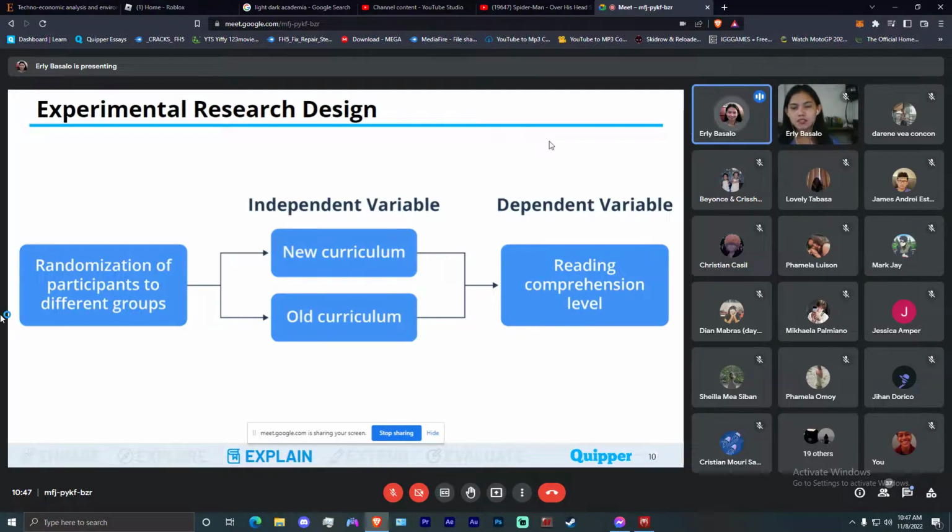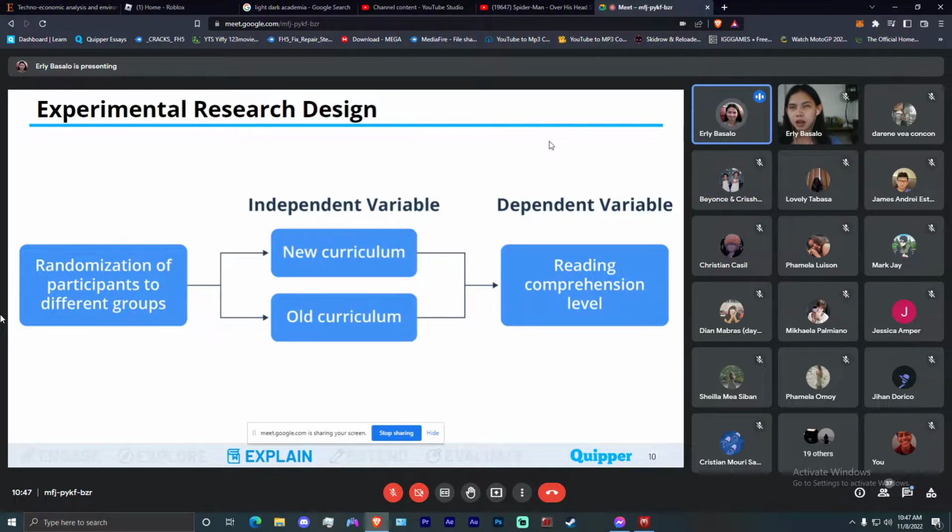So from studying this diagram, we will know how the independent variable and dependent variable affect each other. So it is under the randomization of participants to different groups. So it is an example for having your diagram under experimental research design.